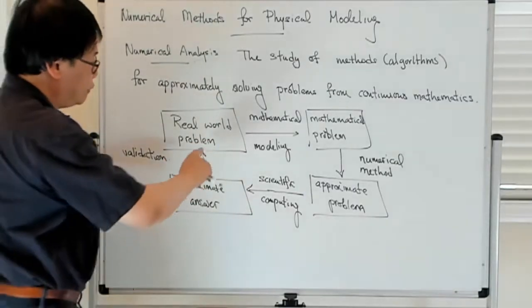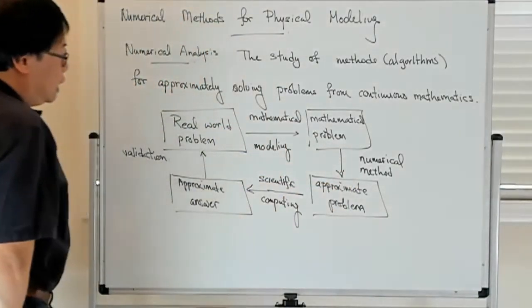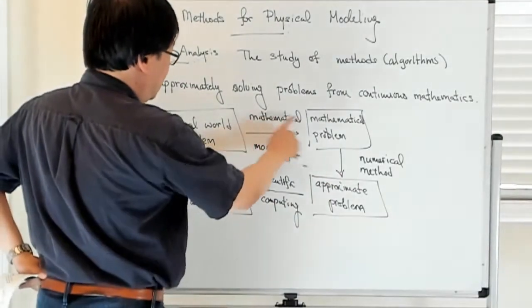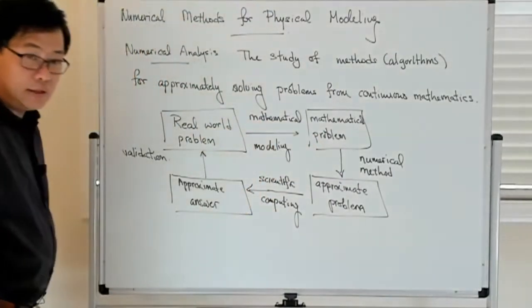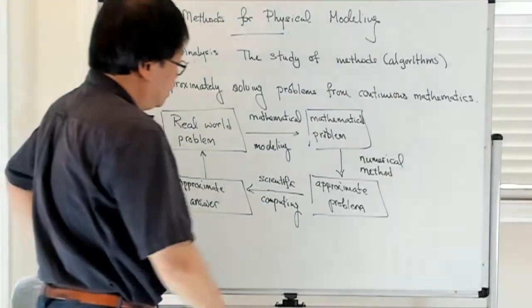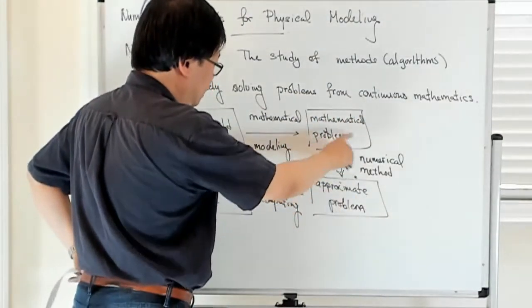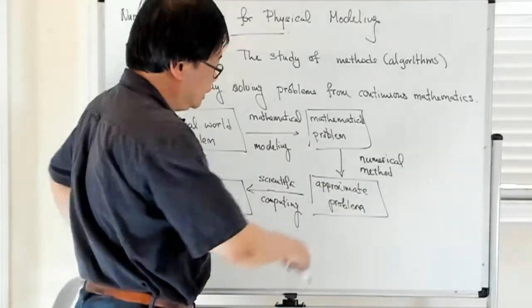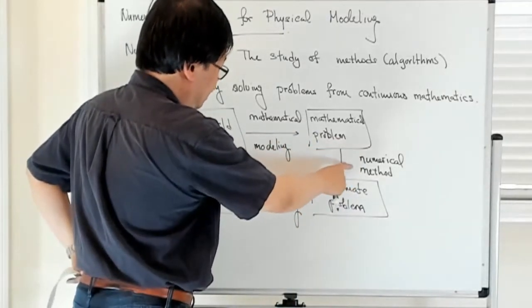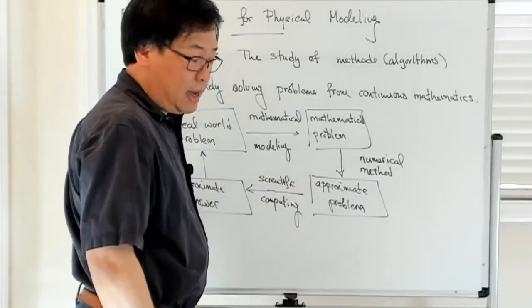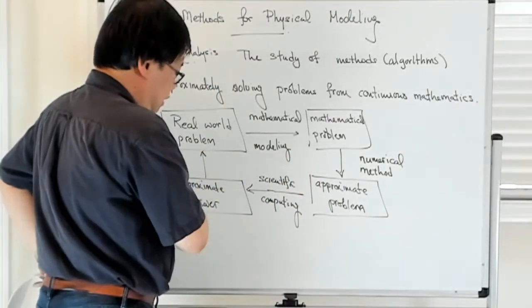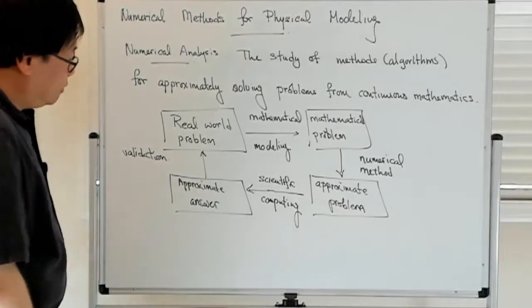And if not, you have to iterate the process and try to maybe incorporate some additional physics which you were missing in your abstract mathematical model to begin with, or do something more precise and more accurate in the approximation steps in actually trying to derive an approximate or numerical solution of the problem.